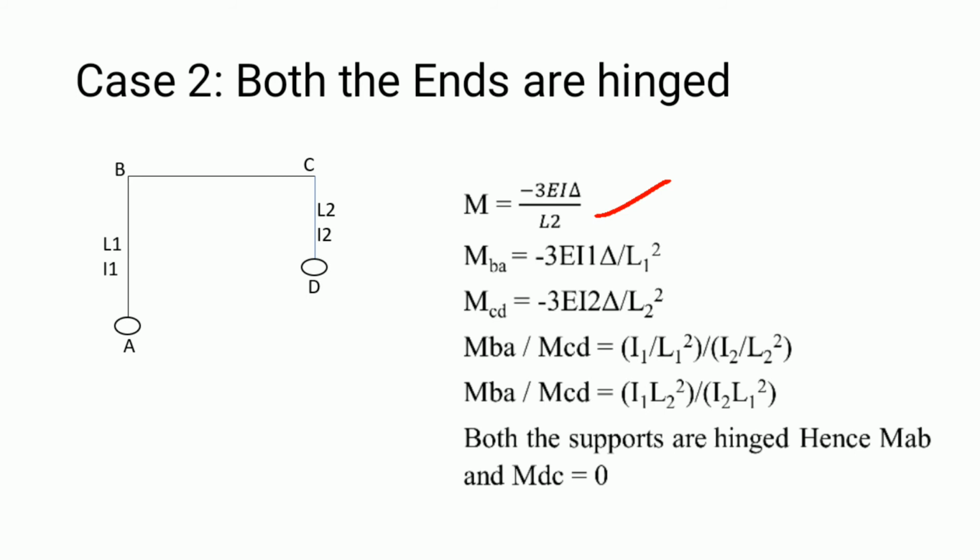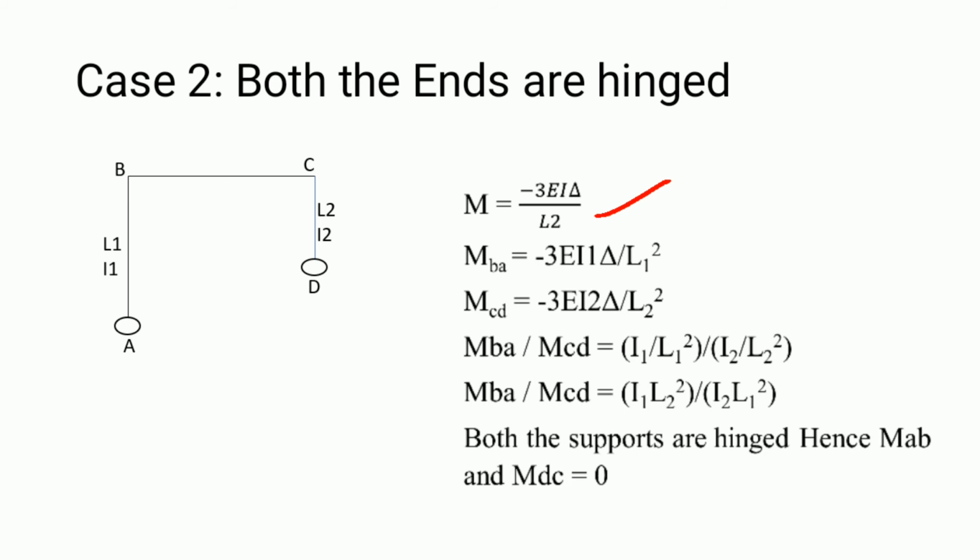So whenever MBA is concerned, with the BA span, the additional moment for BA is equal to minus 3 EI1 delta divided by L1 square, wherein I1 is the moment of inertia for BA and L1 is the length of BA.